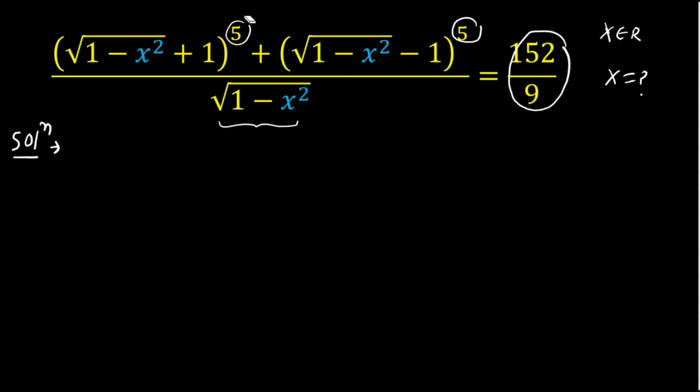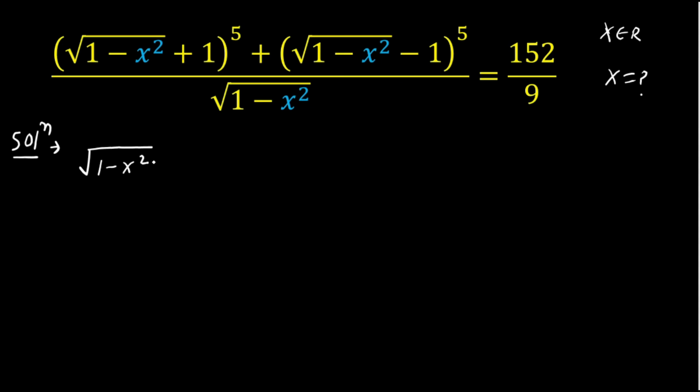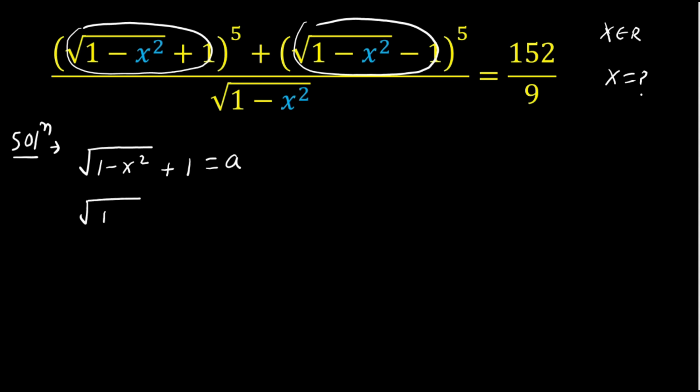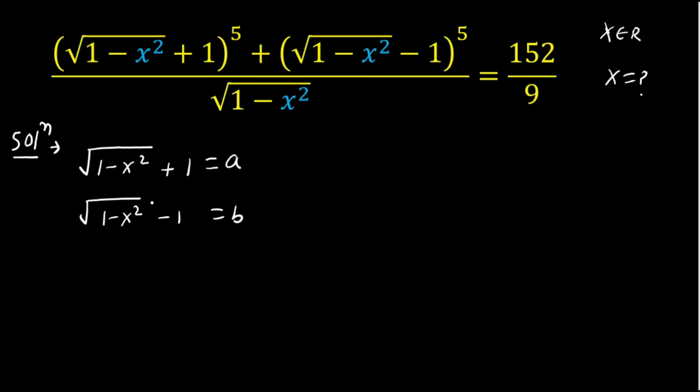Look carefully at this expression. First, we will apply my favorite method, that is substitution. Let √(1−x²)+1 equal a, and √(1−x²)−1 equal b. Call these equation number first and equation number second.